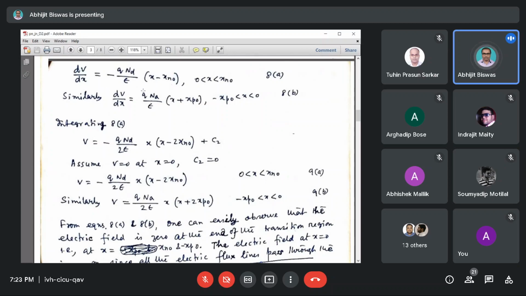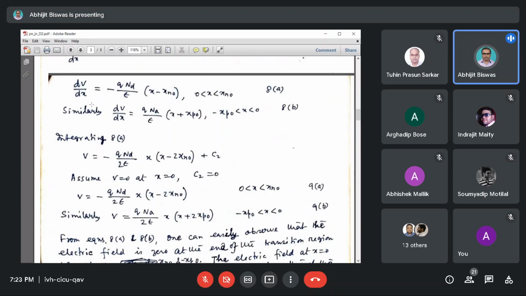Here the most important thing is that minus dV/dx is the electric field. It is a linear function of x because it is in the form of y equal to mx plus c. That is why I told you that the electric field attains its maximum value when we put x equal to 0.